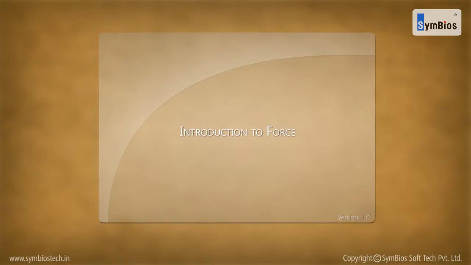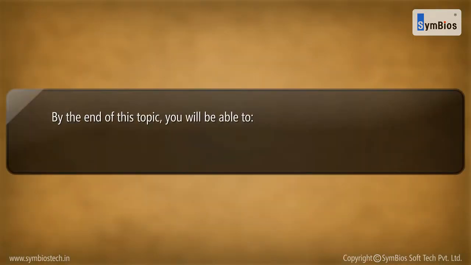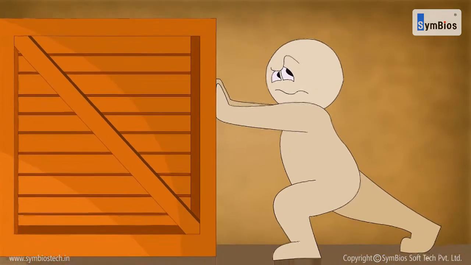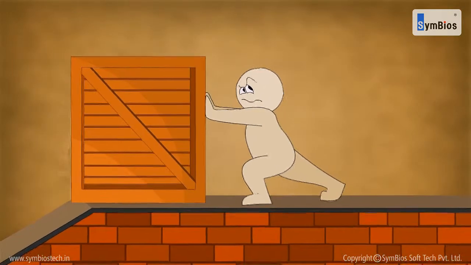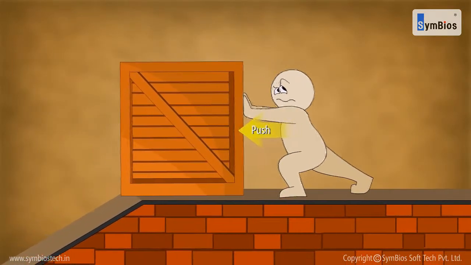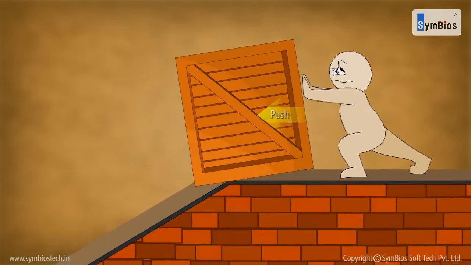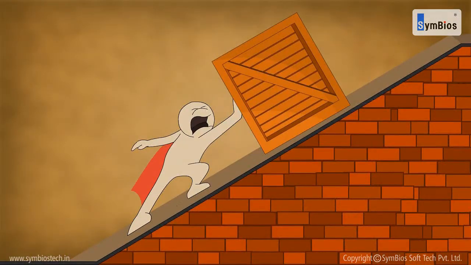Introduction to Force. By the end of this topic, you will be able to describe force and its types. In our daily life, we use a muscular effort to bring any stationary object into motion or to stop a moving object.